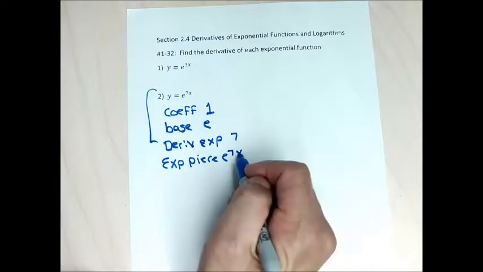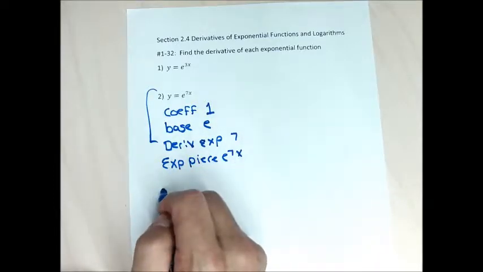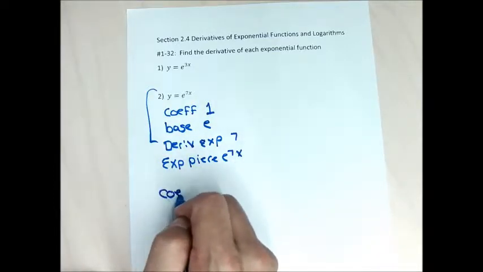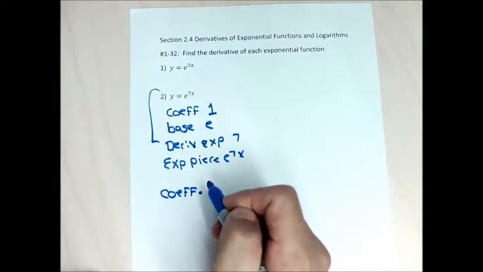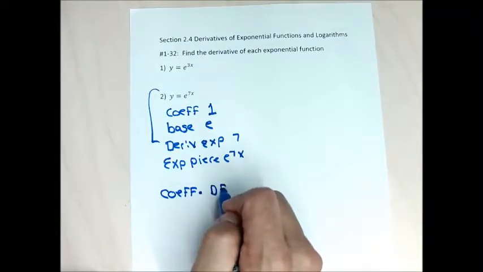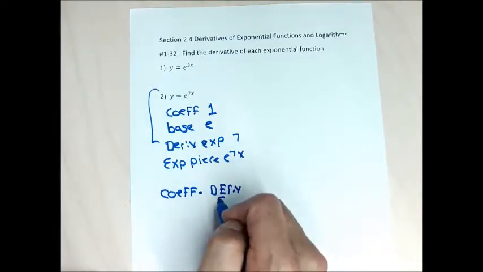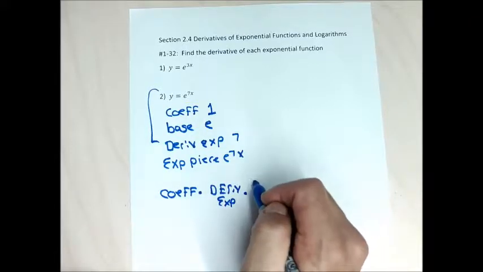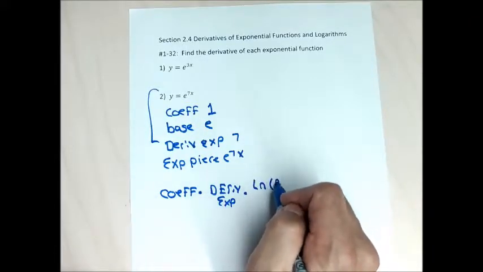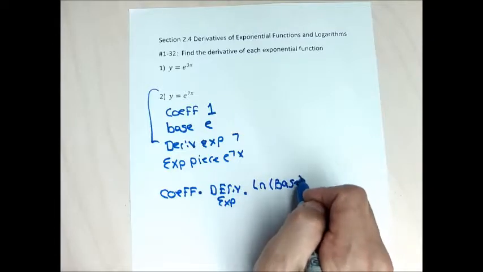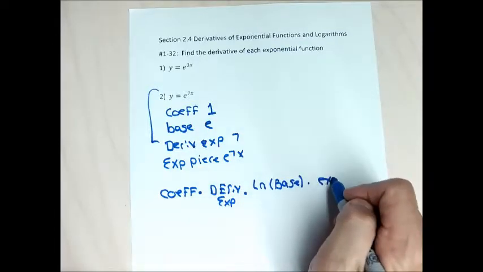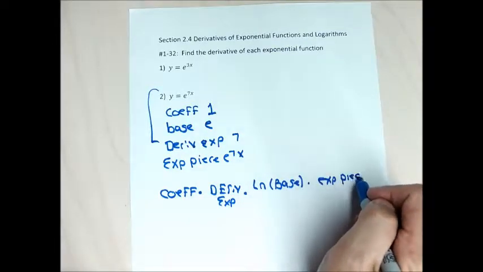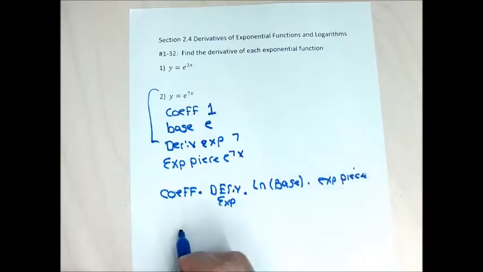So the derivative of this is going to be the coefficient times the derivative of the exponent times the natural log of the base times the exponential piece, and the exponent doesn't change for these derivatives. So let me just write this down.